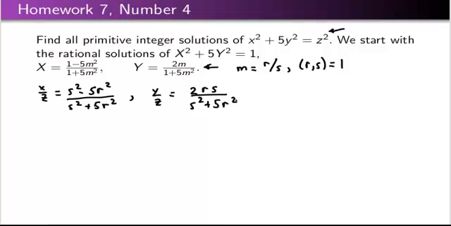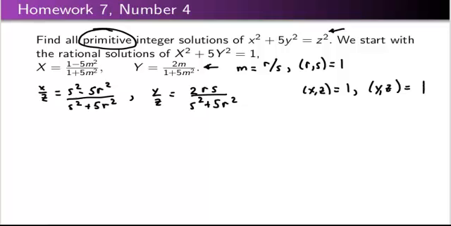Okay, now the left-hand sides are reduced fractions. So we're just trying to find primitive integer solutions. So x and z are relatively prime, and y and z are relatively prime.